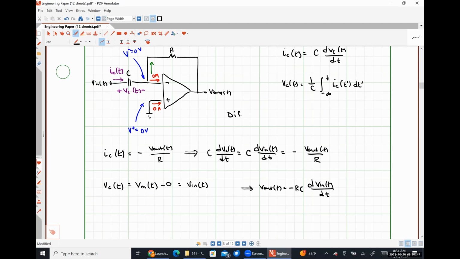So this is a differentiating amplifier from the perspective of analog signal processing.